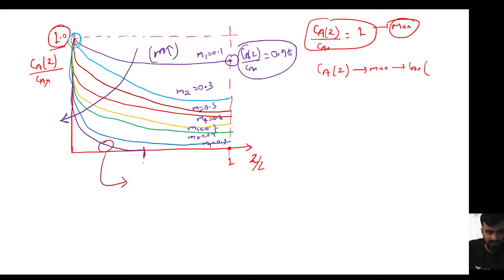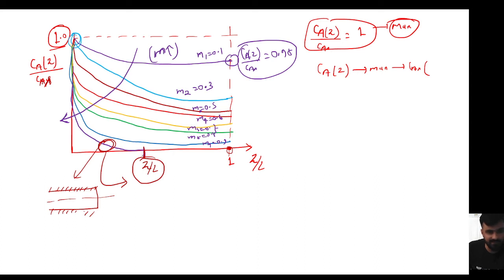You can see here there will be some value of Z by L, and it will be very less as compared to this one. So what does this graph signify here, my dear student? As soon as the reactant will enter into this particular pore, what will happen? CA by CAS, or CAZ, is getting converted into 0.